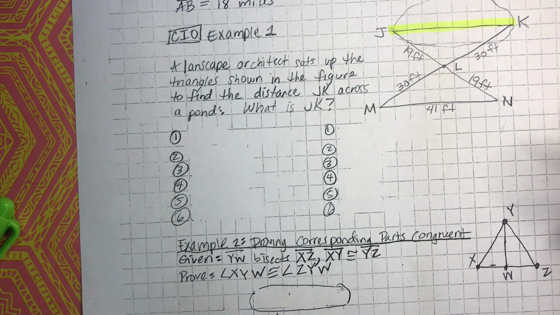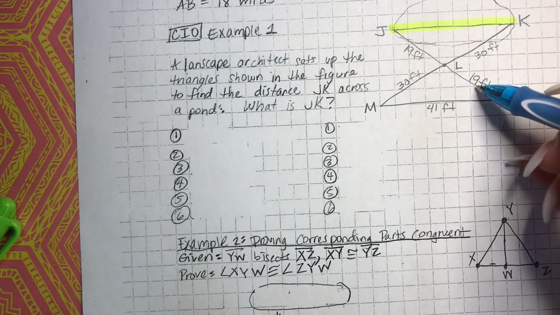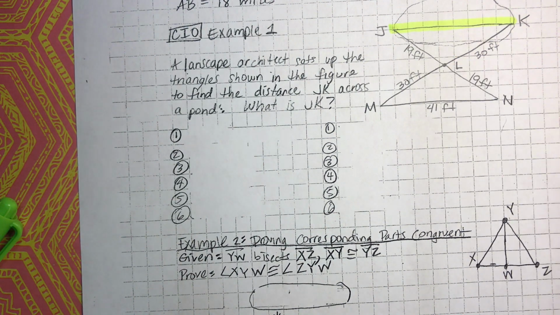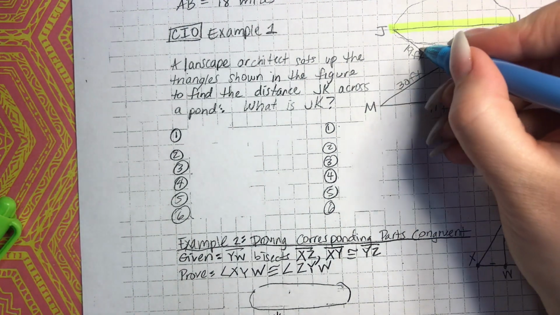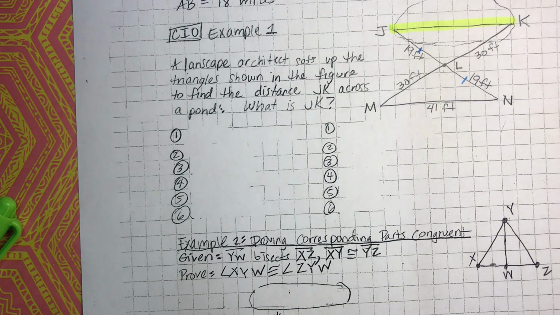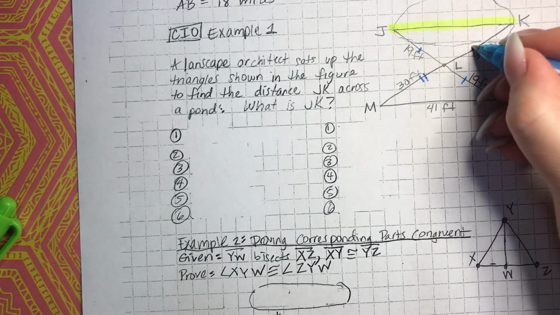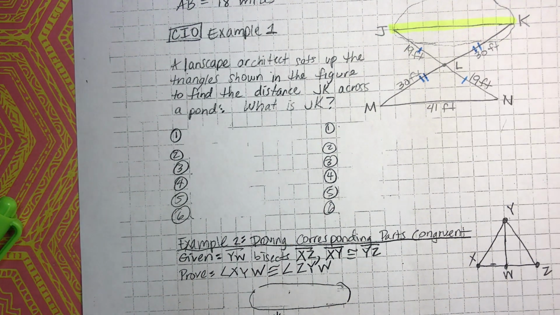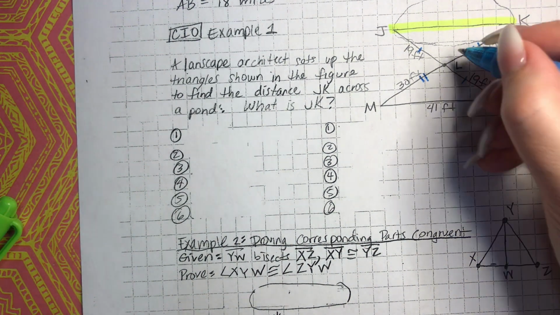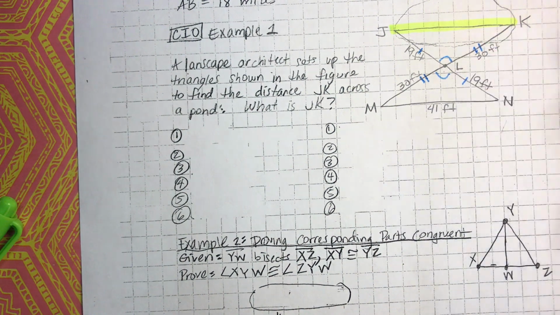What do you guys see? Do you see that these two sides are the same? Right, those are the same. Do you see that those two sides are the same? Yeah, they are. What else do you see? Do you see that we have vertical angles here? Yes.